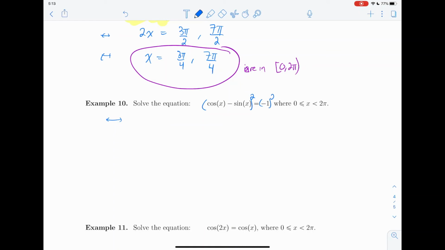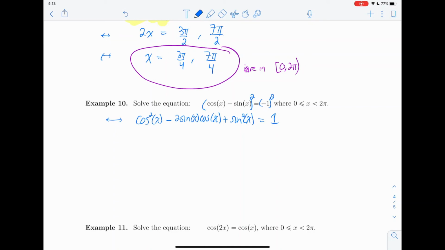If I square both sides, after foiling the left-hand side gives me cosine squared of x minus 2 sine of x cosine of x plus sine squared of x is equal to positive 1. So cool, we found some squares.